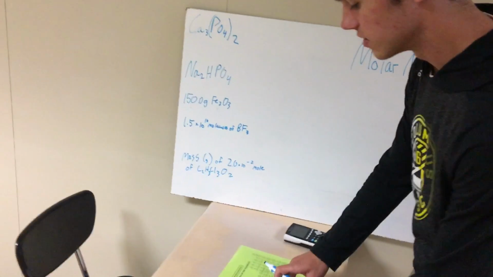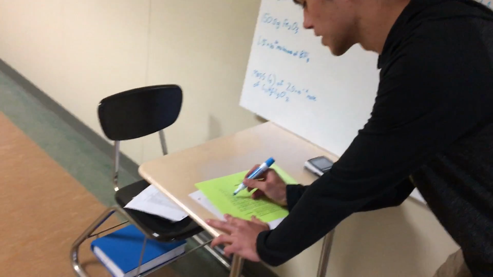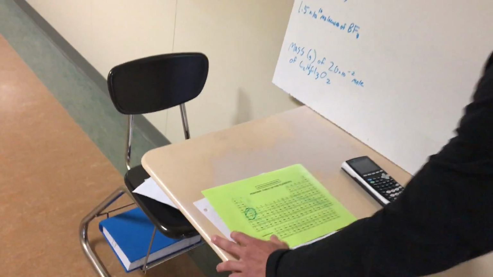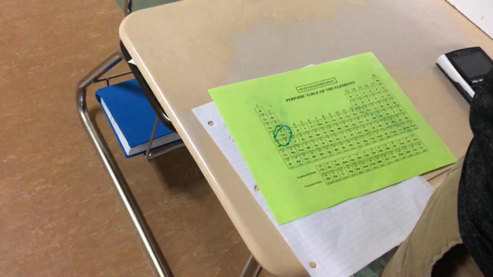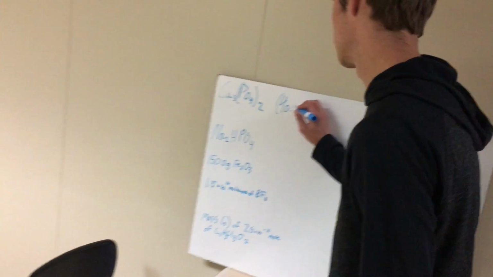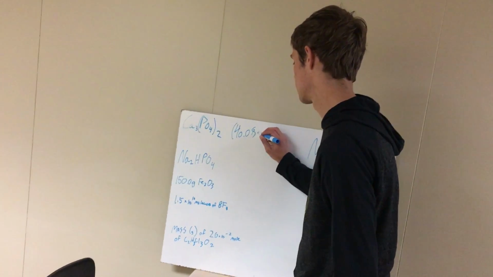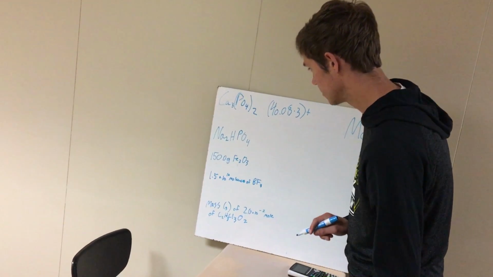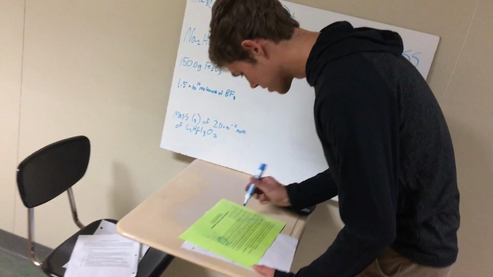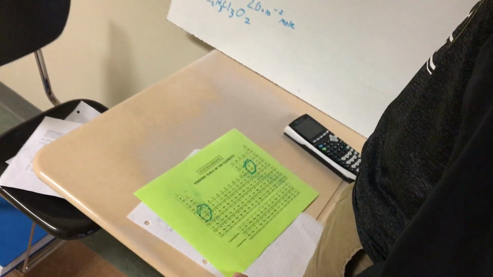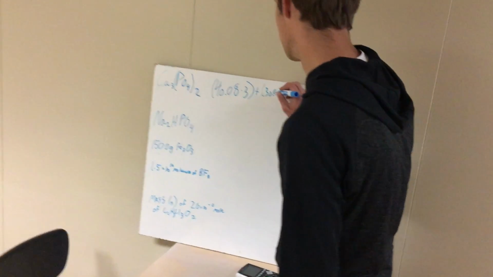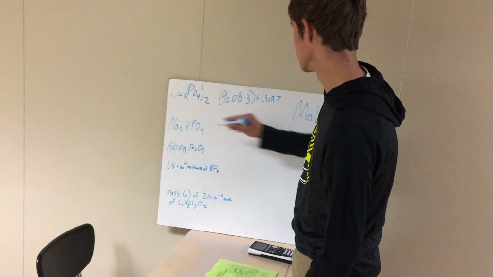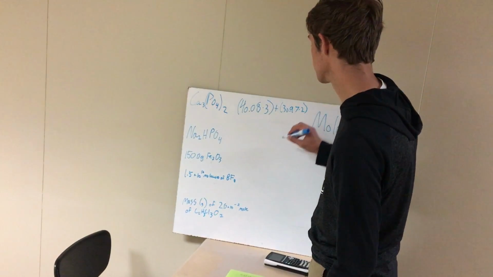First one, Ca. If you look on your periodic table right here, Ca is 40.08. Then I'm going to add P, which is 30.97. I'm going to times that by 2 because there are 2 in that.